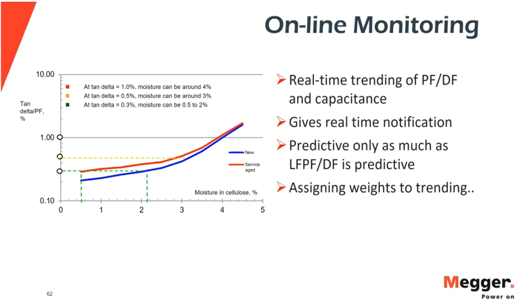If moisture contamination and other elements that contribute to conductive losses are largely not seen fast at line frequency, then online monitoring is only predictive as much as it's going to react to those kinds of changes. Whereas the nice thing afforded by these offline measurements is that it gives me the ability to get more of a predictive feel of what's happening.